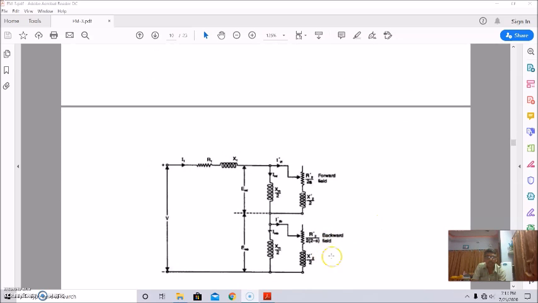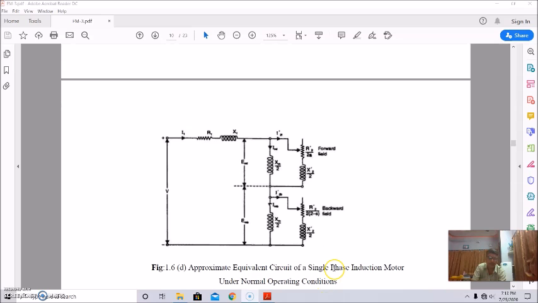I hope you will understand it, and for much more detail you can consult any textbook which we have given for further reading, and if you have any queries you can contact me and I will explain. In a nutshell, this is how the equivalent circuit is developed for a single phase induction motor, from its blocked rotor condition to normal running condition, on the basis of double revolving field theory.